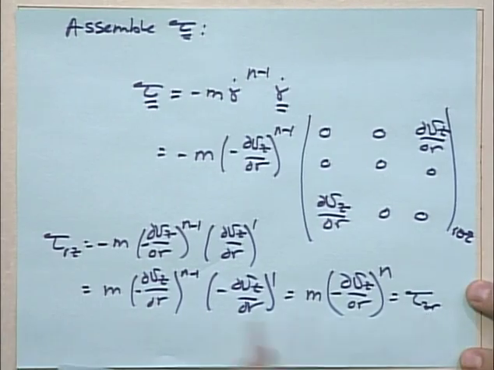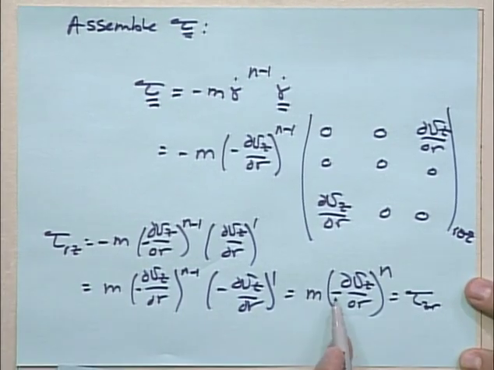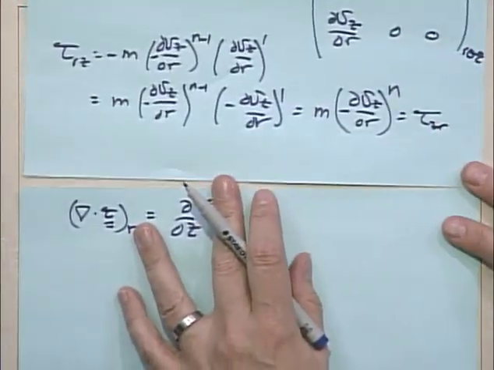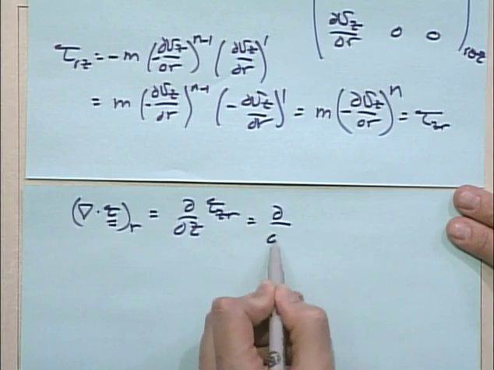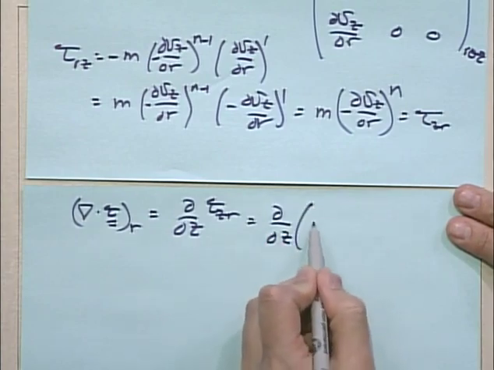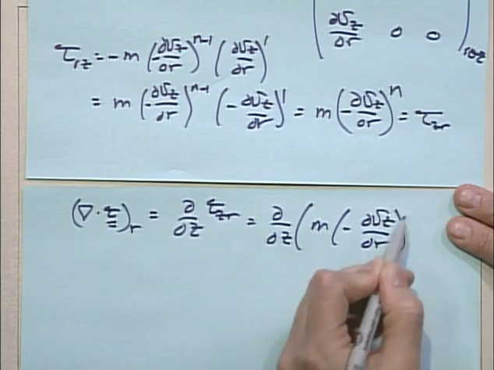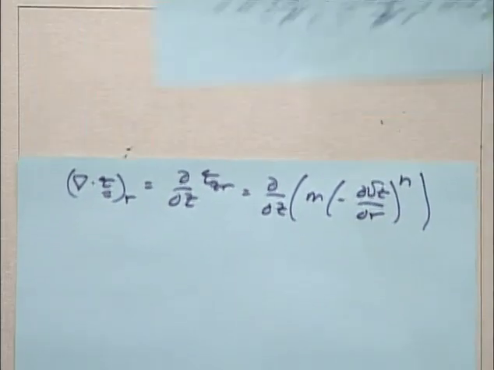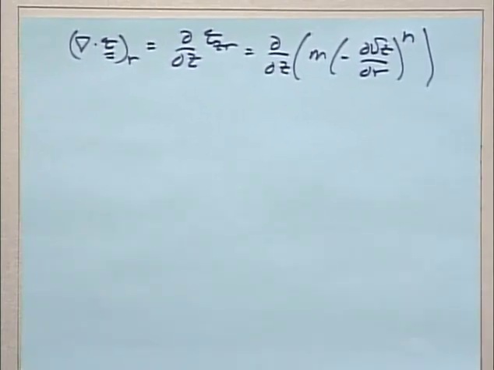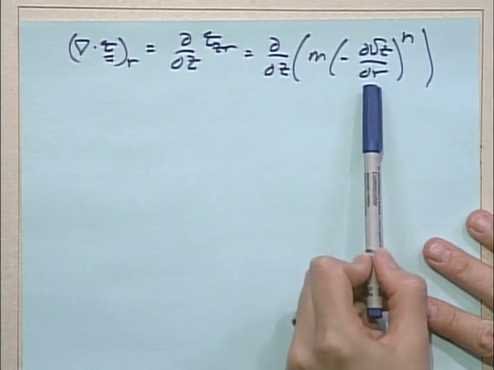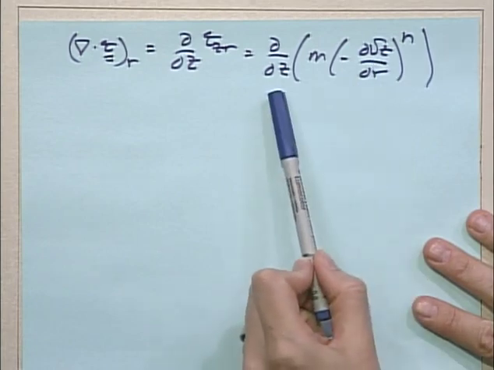Tau ZR is equal to tau RZ. It's equal to m times minus dVz dr to the n. So let's put that in: d by dz of m times minus dVz dr to the n. Right, it's not a function of z. Vz is a function of r only, and here we're taking the z derivative of it.